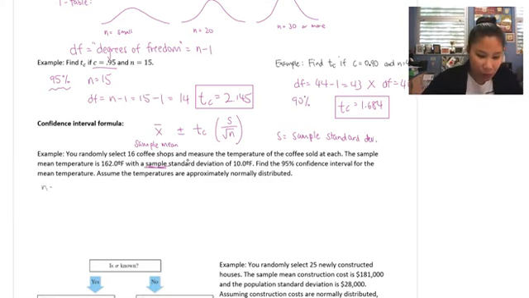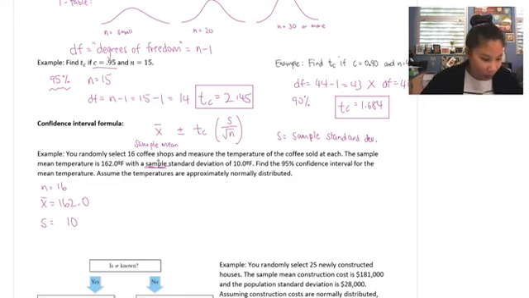Okay, so I'm just going to list out some numbers on the side that they're telling me. So N is 16 because they told me there's 16 coffee shops. The mean, so the X bar, would be 162.0. S, our sample standard deviation, is 10.